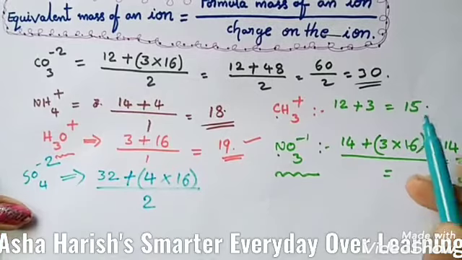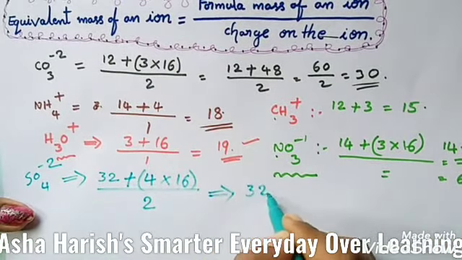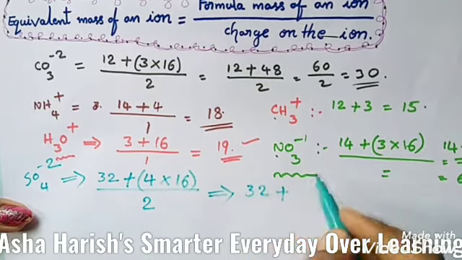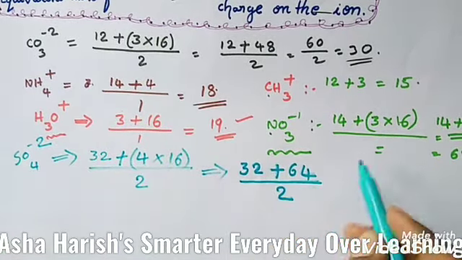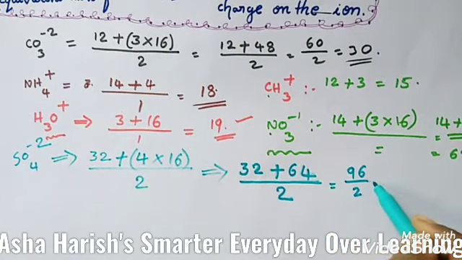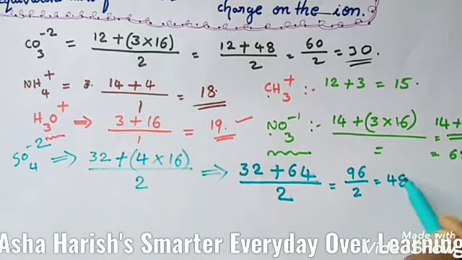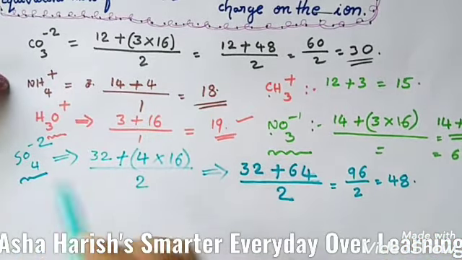Simply you can write like this, students: 32 plus 64 by 2, that is 96 by 2. So simply you can say that 48 is the equivalent mass of the sulfate ion.